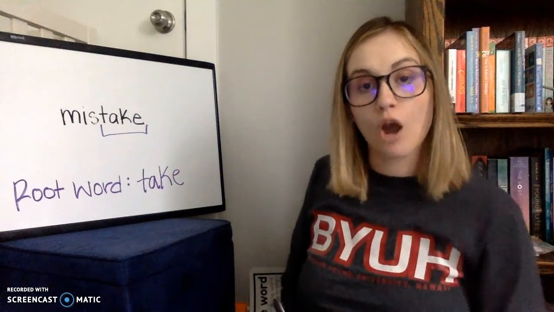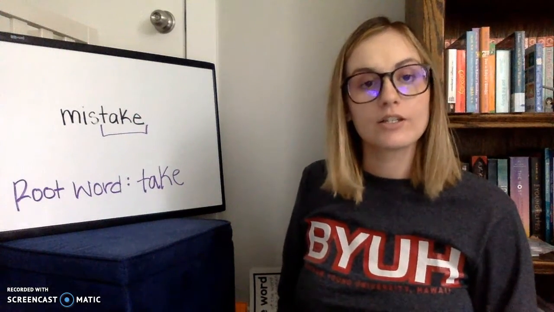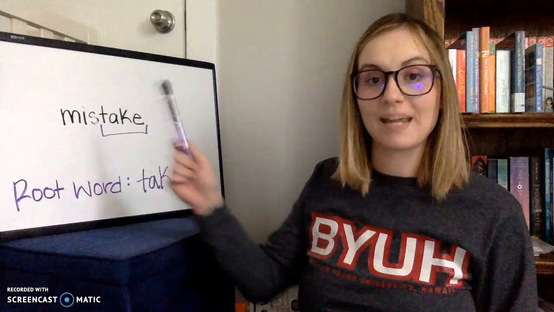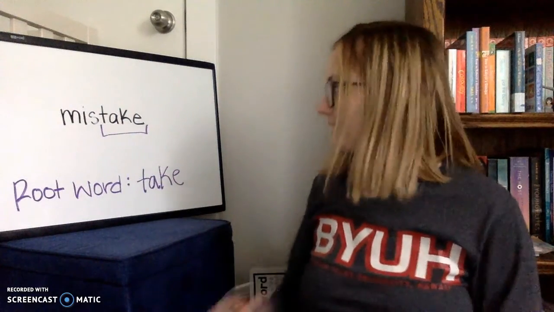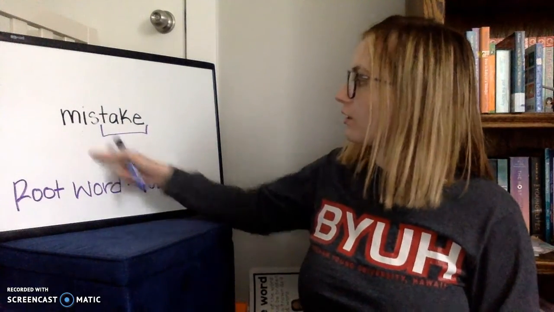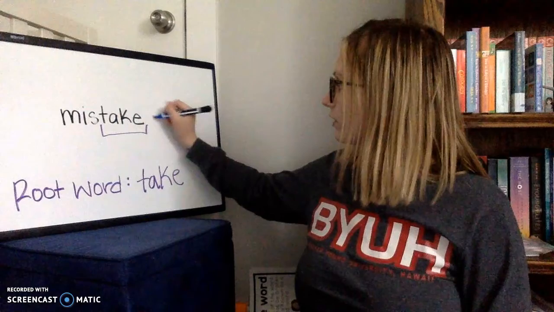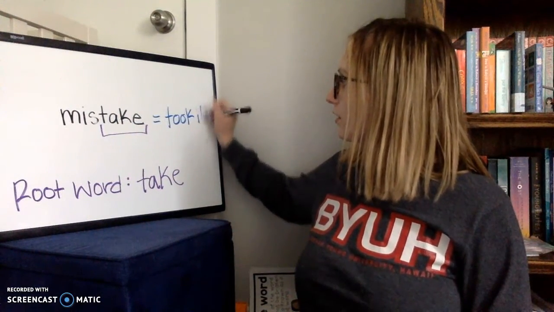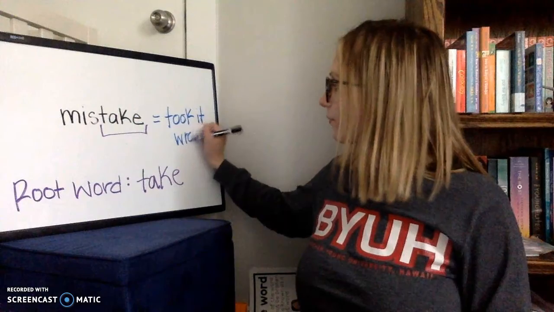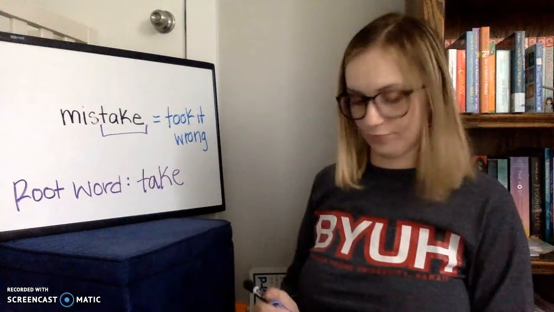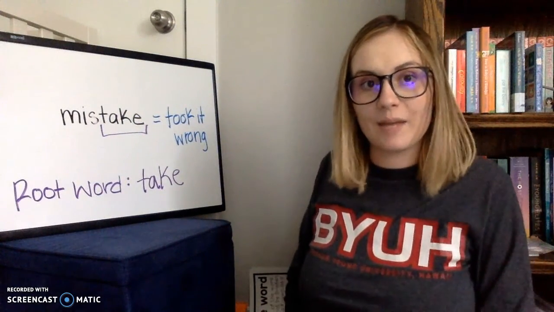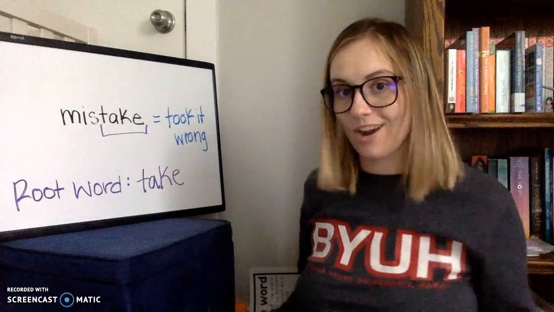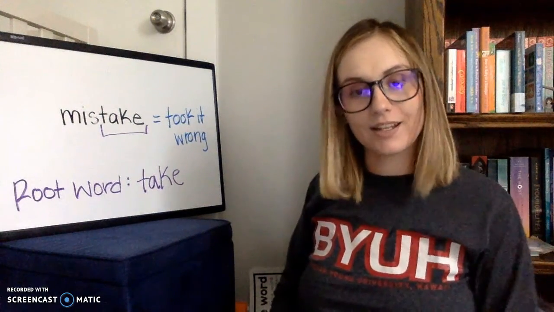Mis means wrong or wrongly. So if I made a mistake, that means that I took it wrong. So this means took it wrong. So if you make a mistake, that means that when you were doing it, you did it wrongly. You did it wrong, right? Okay.